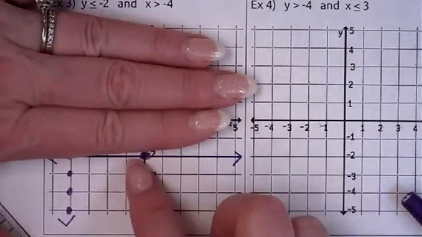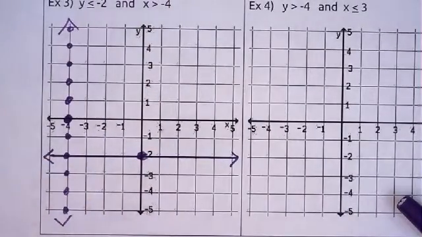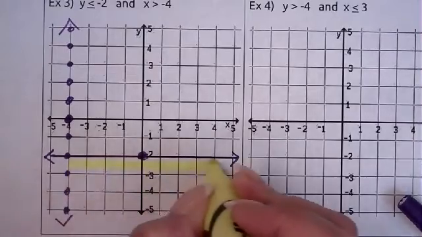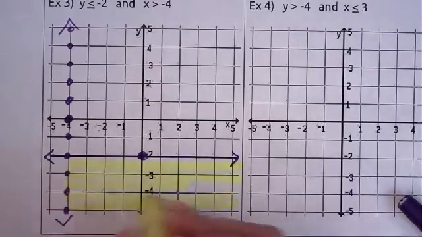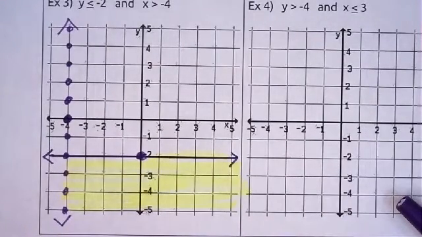Okay, so I have to be below this line and to the right of this line. So the area that I'm going to shade is right there, below my y, to the right of my x.